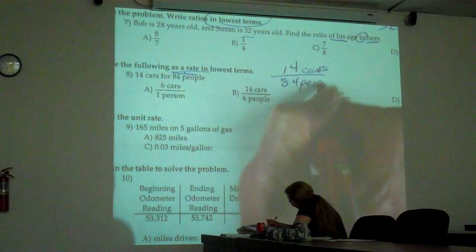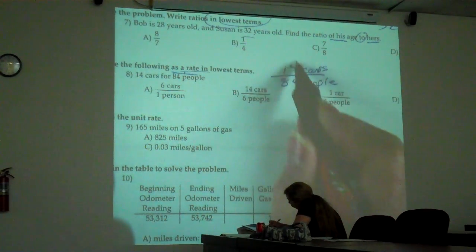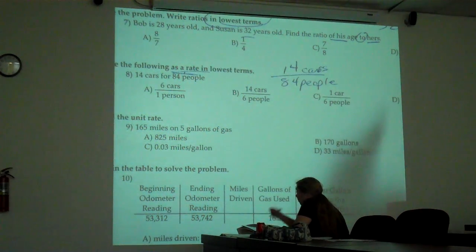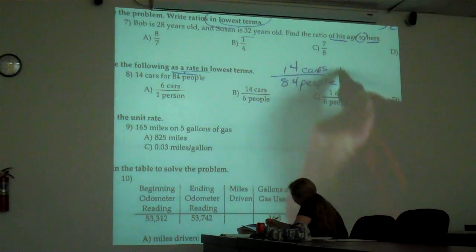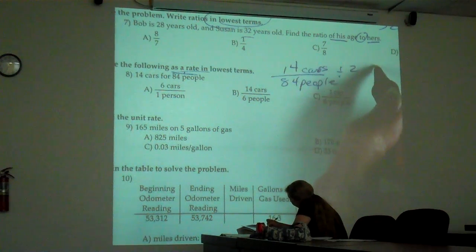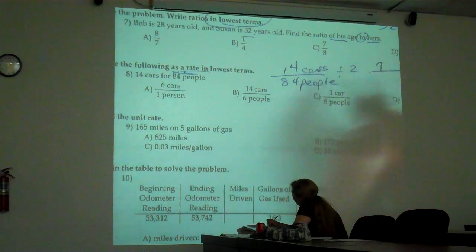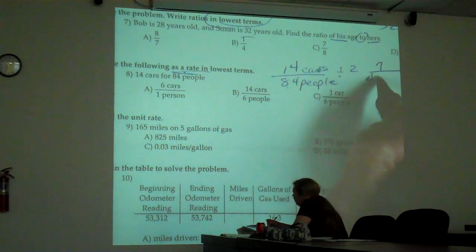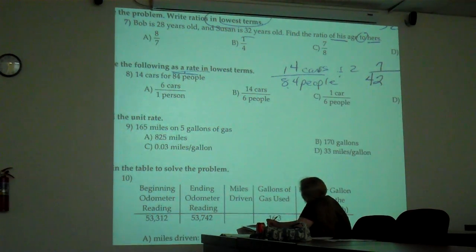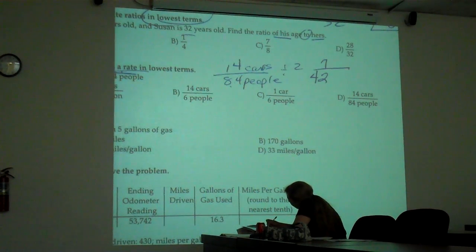You're just reducing this. What can you divide 14 and 84 by? 2. Divide by 2, 14 is 7, and 84 is 42.